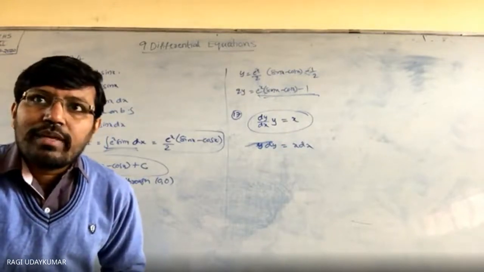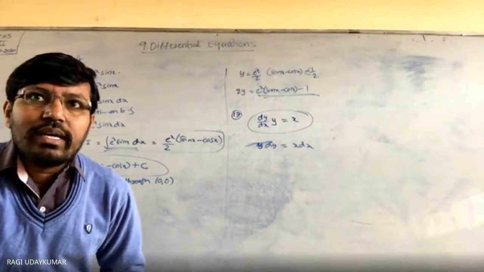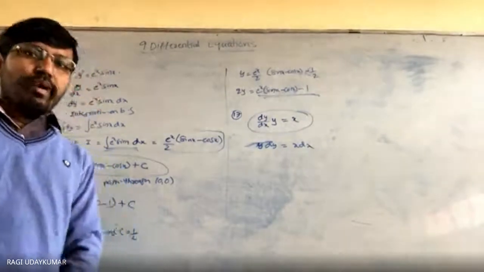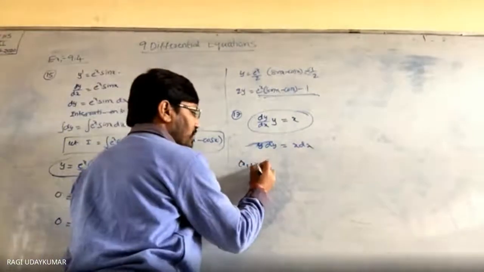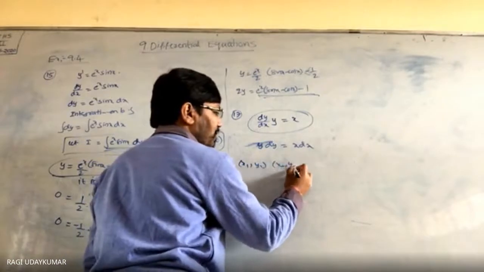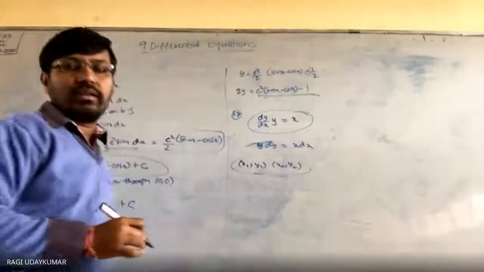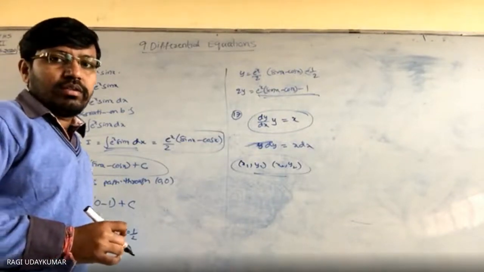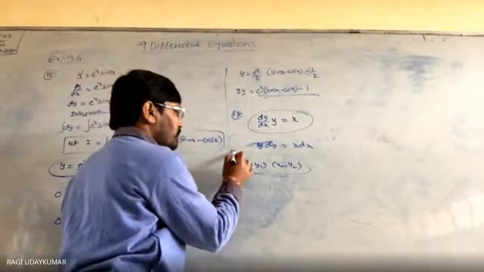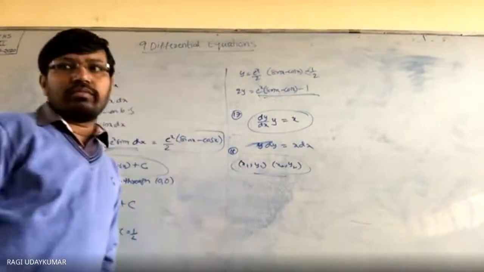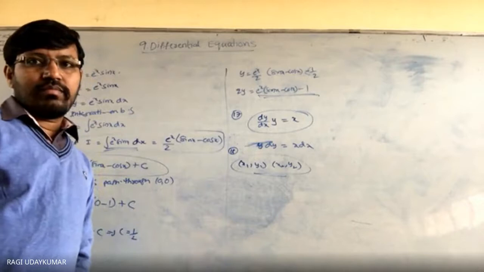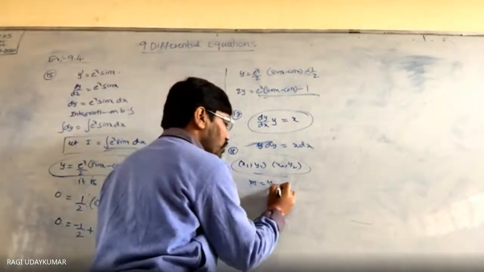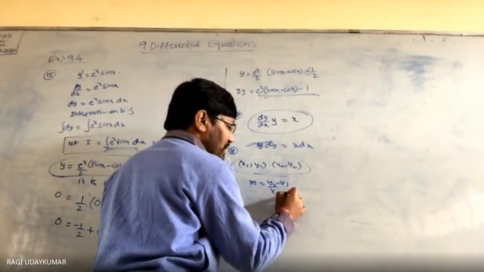Even the 18th problem is in the same way, where it is given in words. What is given in the 18th problem? The slope of the tangent. When 2 points are given, how do you find the slope? (x1, y1) is one point and (x2, y2) is the other point. What is the slope of the line joining these 2 points? The slope m is equal to (y2 minus y1) by (x2 minus x1).